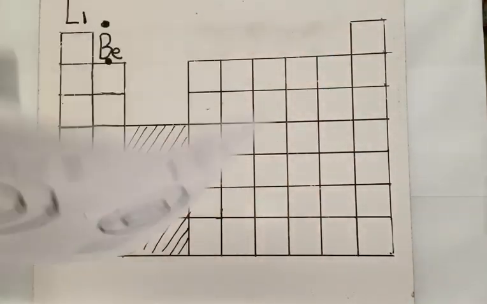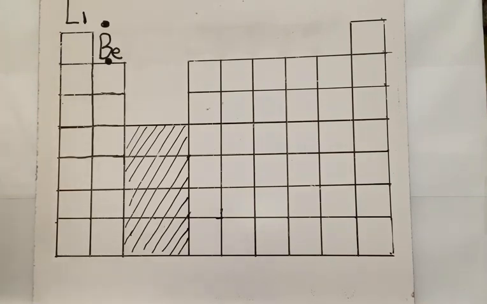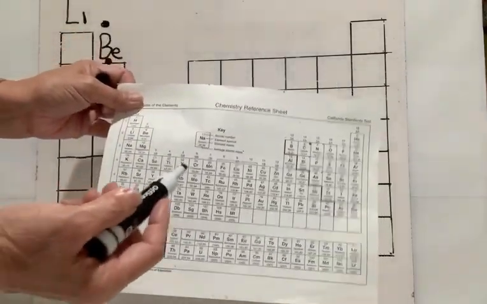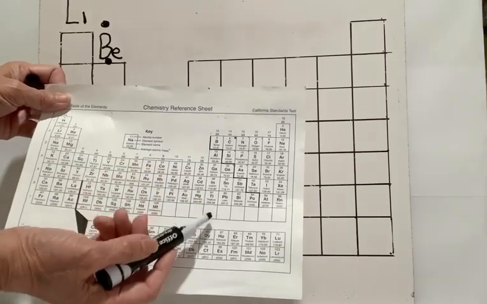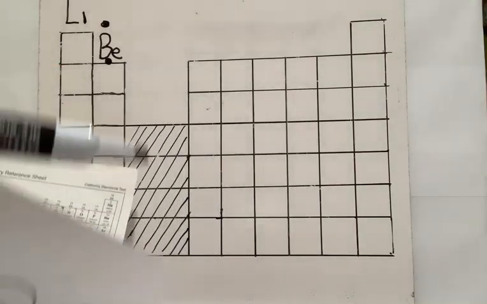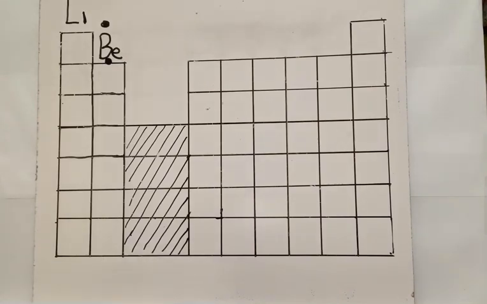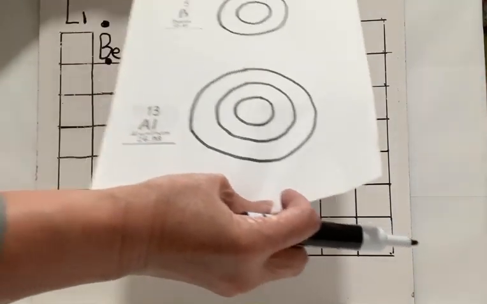So, we go to group 3A. In the periodic table, the group 3A is led by boron, aluminum, and down. But we will only consider boron and aluminum.